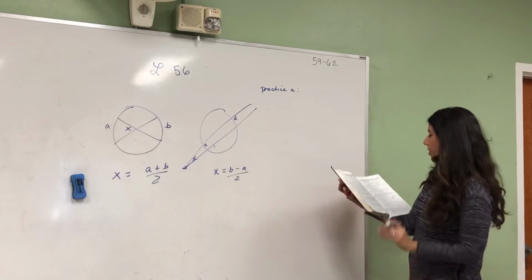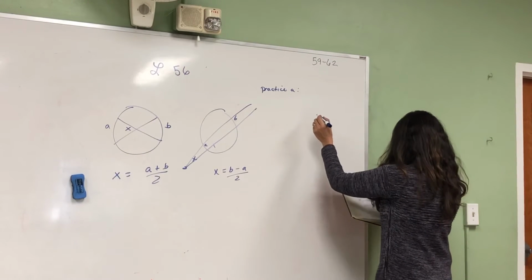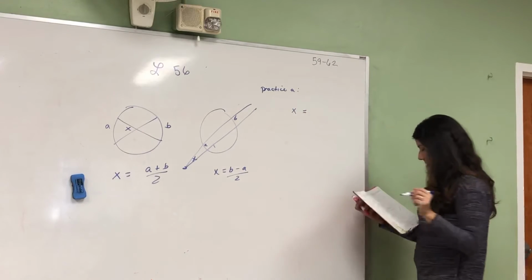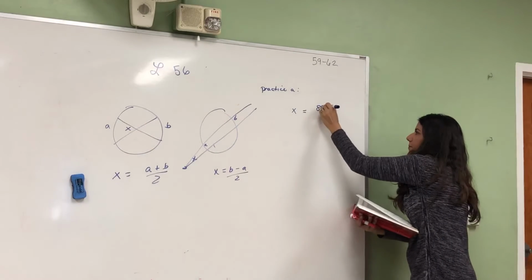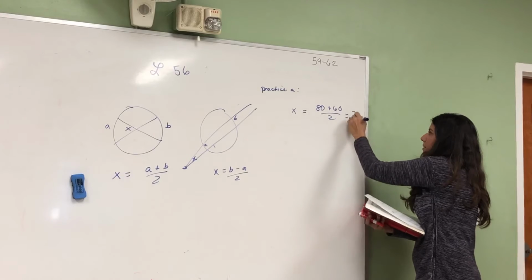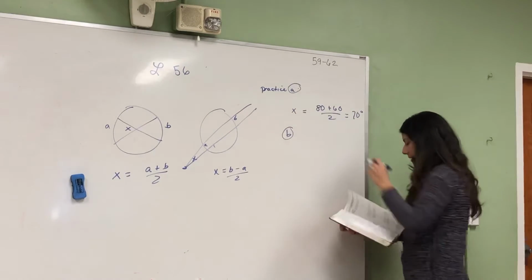All right, so looking at practice problem A, we would have what? X equals 80 plus 60 over 2, which is 70. Yay! Math's easy and fun, don't you think?